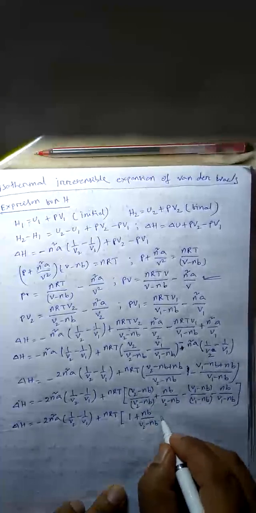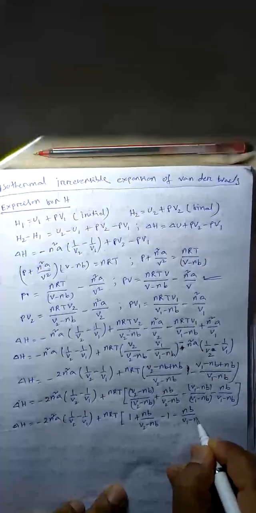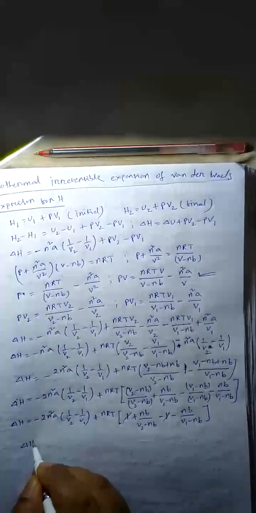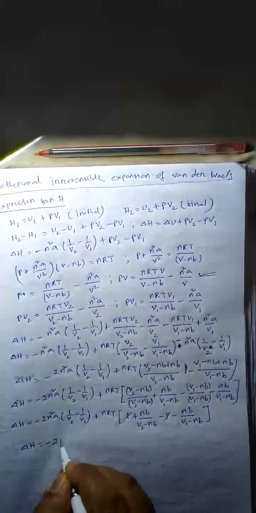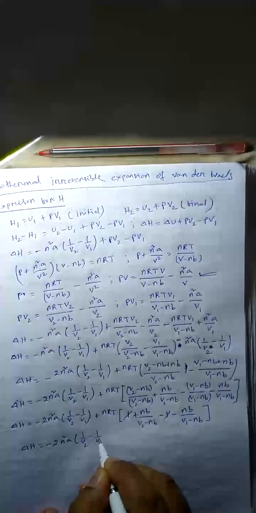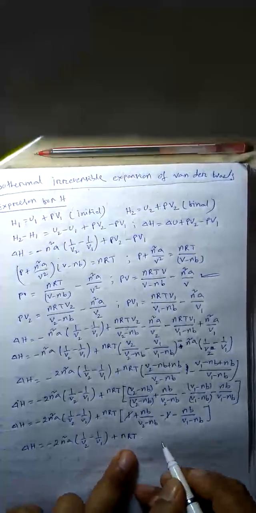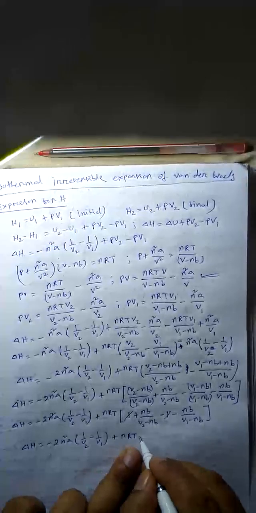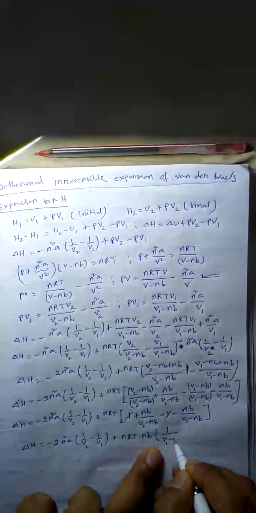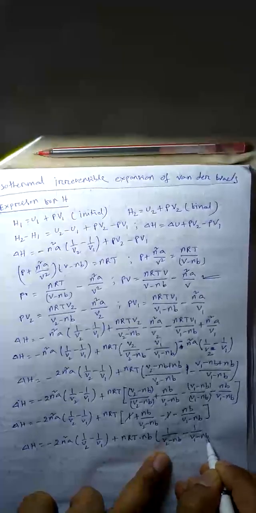Minus 1 minus nb divided by (V1 minus nb), plus 1 minus 1 cancel. We get delta H is equal to minus 2n squared a times (1/V2 minus 1/V1) plus nRT. Take nb common: 1/(V2 minus nb) minus 1/(V1 minus nb).